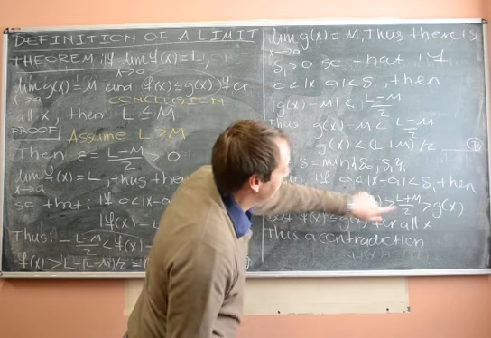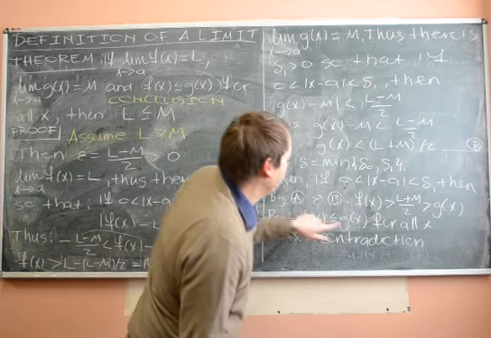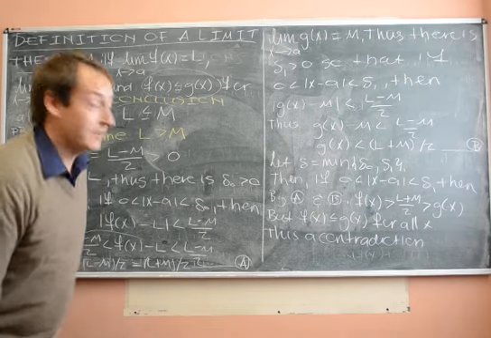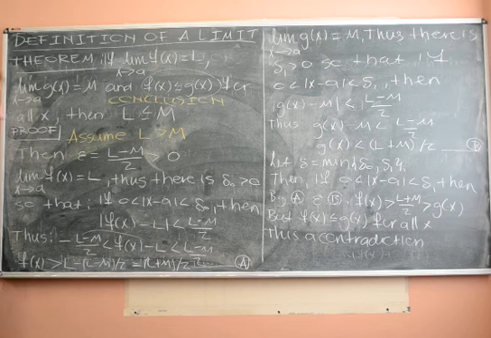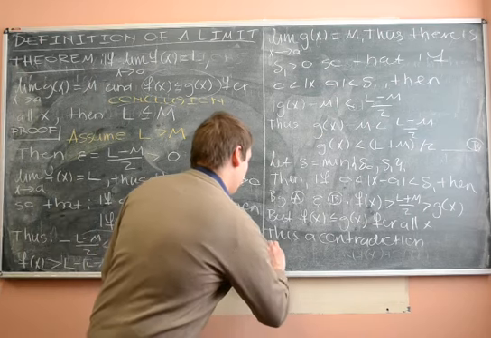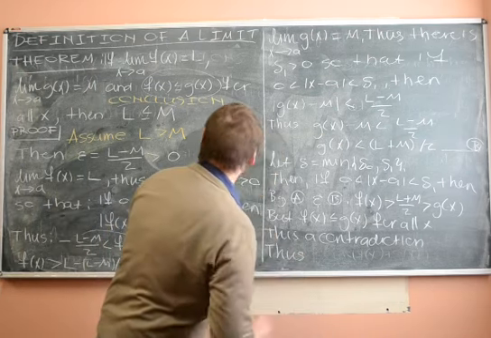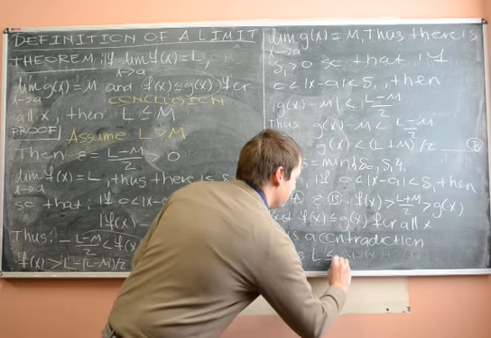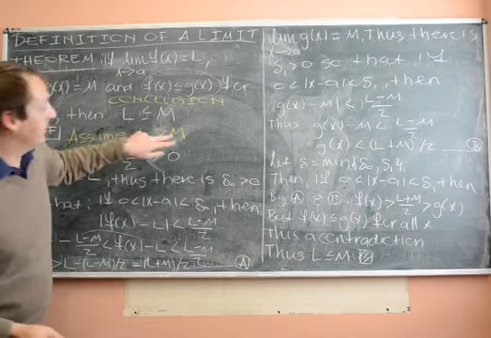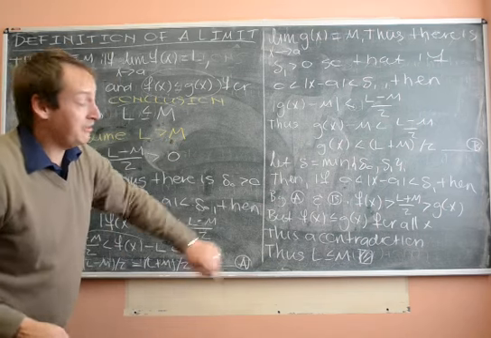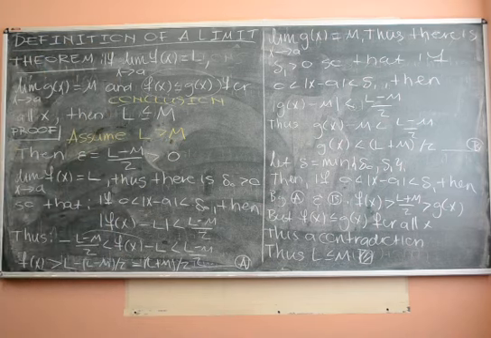We can't have f being bigger than g and f being less than or equal to g at the same time. So this assumption we made at the beginning can't be right, because it leads to a contradiction. In fact the assumption mustn't be true. So if L can't be bigger than M, then it must be less than or equal to M. And that's a nice example of a proof by contradiction.